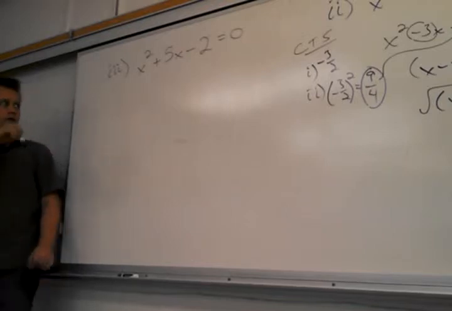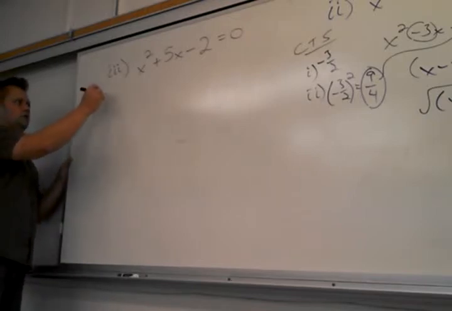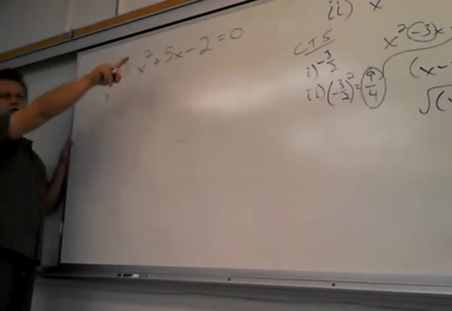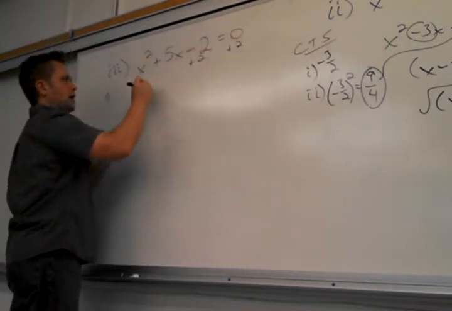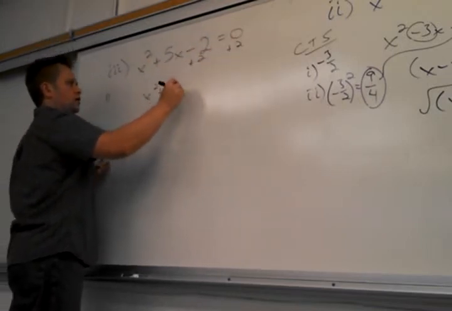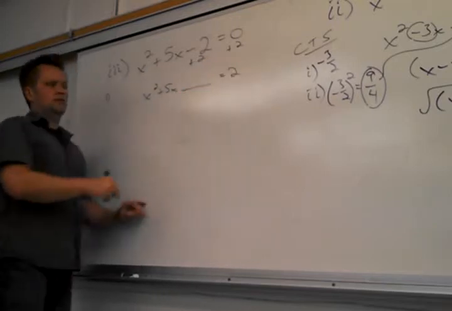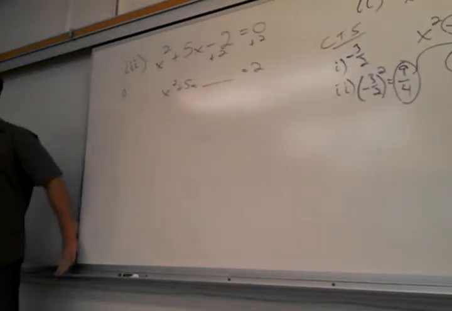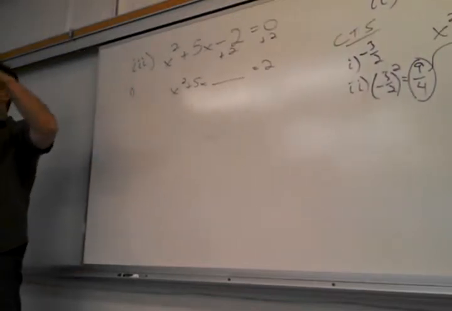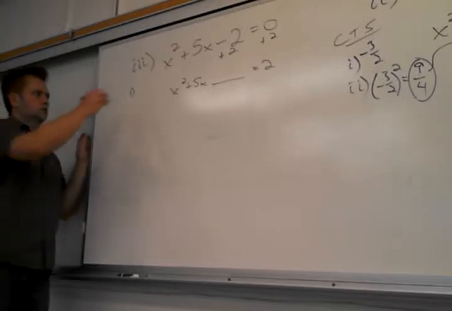All right. So step 1 for completing the square. I can add the 2 to get it out of the way, so I have some room. So what are the 2 steps for completing the square? Whatever's in the middle, cut that bad boy in half, right?